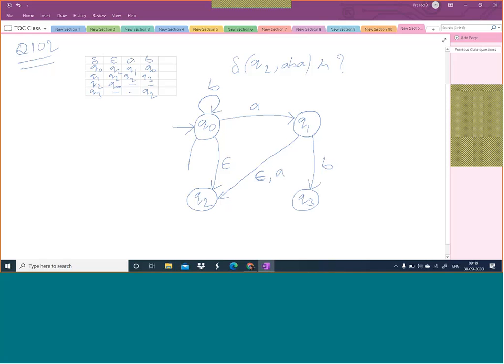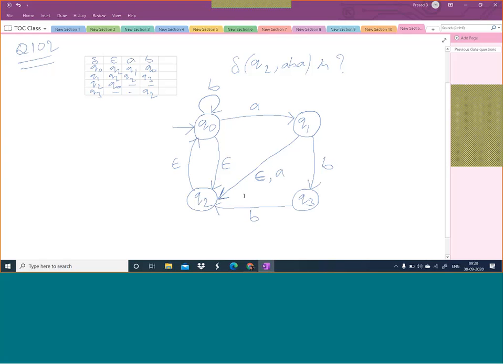Now Q2 on epsilon is Q naught. Next, Q3 on B is Q2. So this is the diagram for the given transition table.